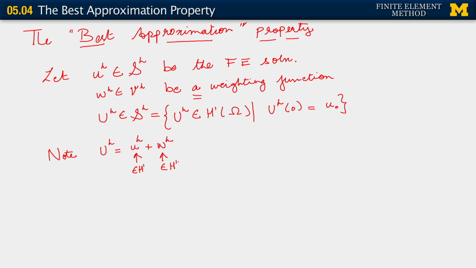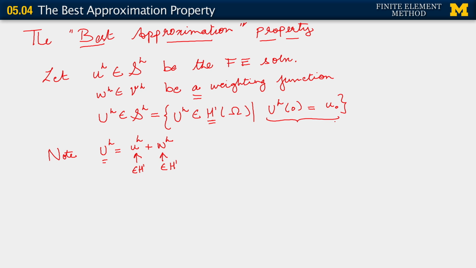Therefore, when we add UH and WH, we recover functions which live in H1, which we recall is also a property of capital UH. So adding little UH and WH maintains that property of capital UH. What about satisfaction of the Dirichlet boundary condition which capital UH has?